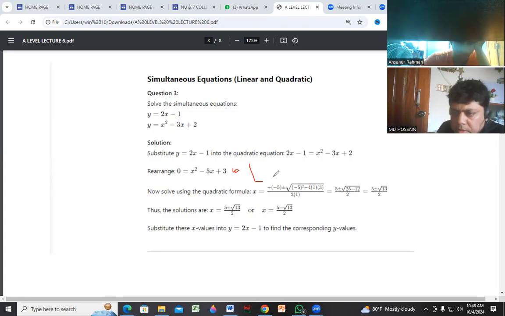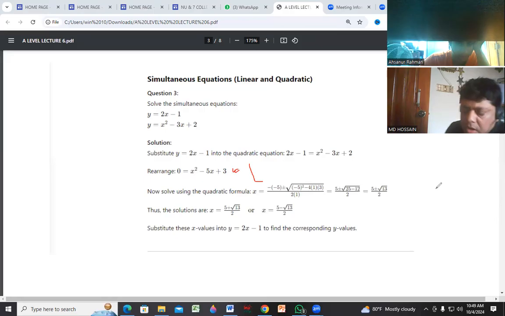Then solving the equation, x equals minus b plus minus root of b squared minus 4ac divided by twice a.